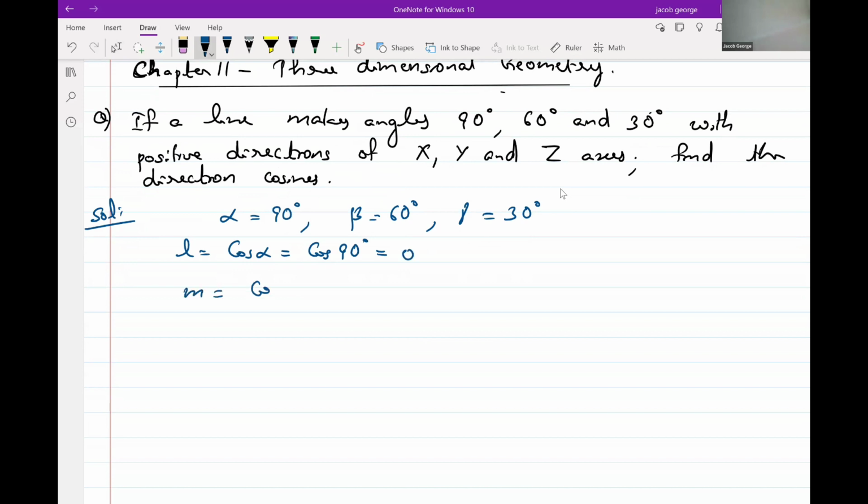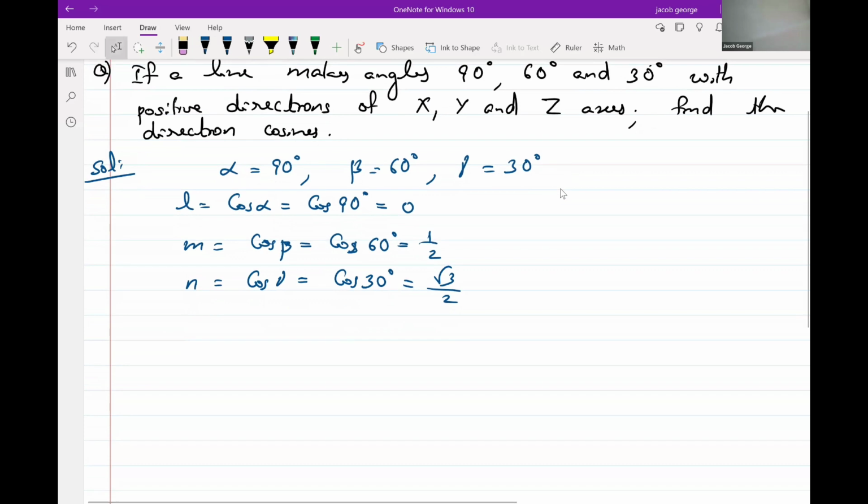M is equal to cos beta, that is cos 60 degrees, which is 1 by 2. And N is equal to cos gamma, which is cos 30 degrees, and that is root 3 by 2. Now we can write L, M, N, the direction cosines.